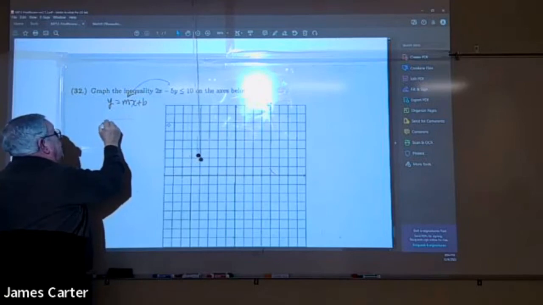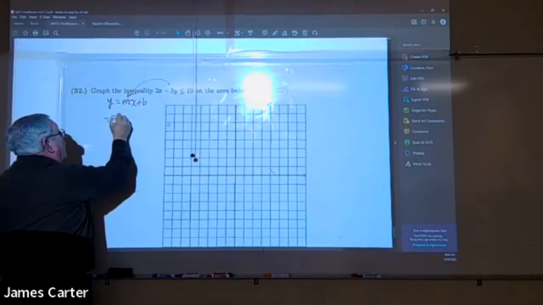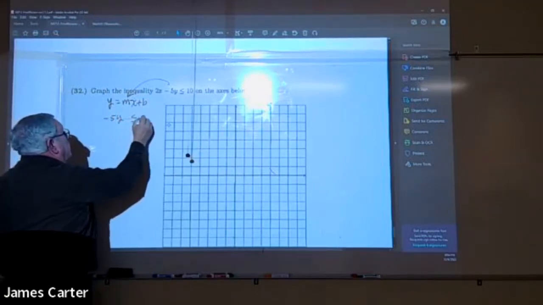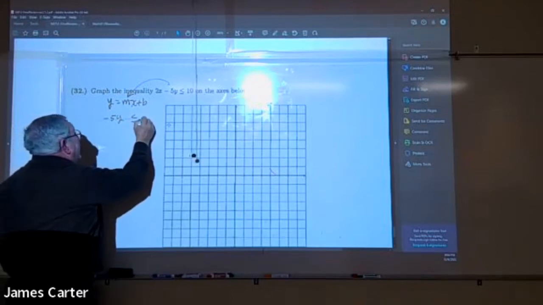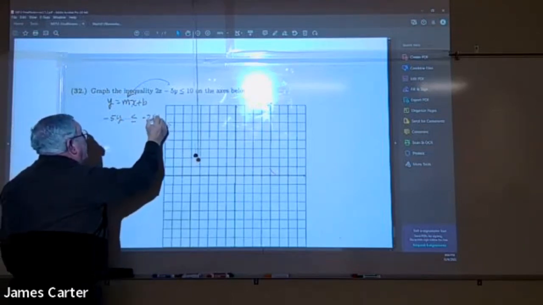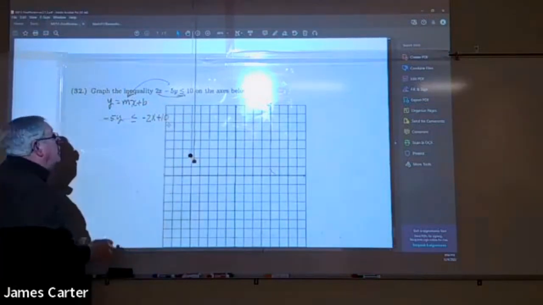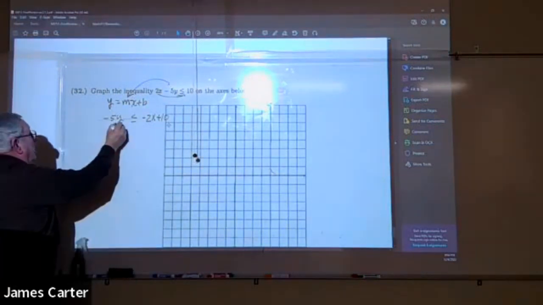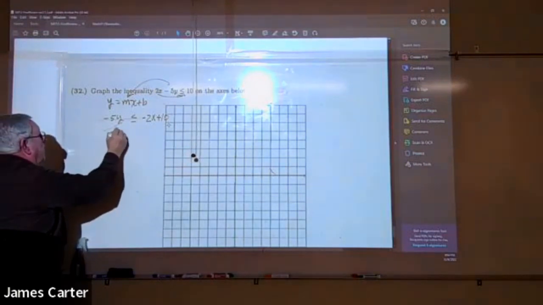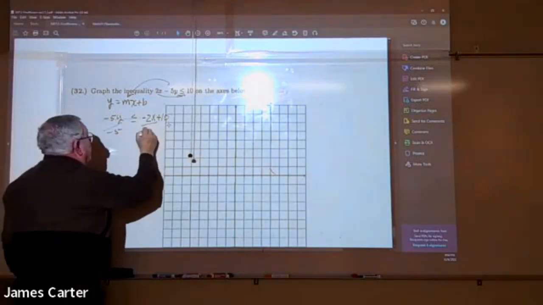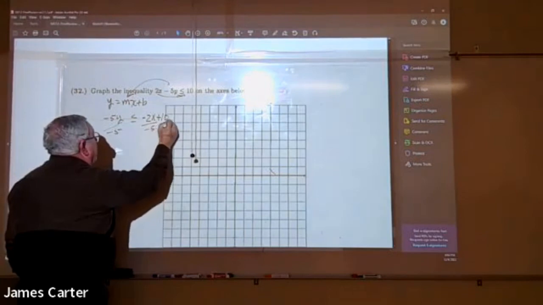So in this case, negative 5y is less than or equal to negative 2x plus 10. I took that over there. Divide every term by negative 5.